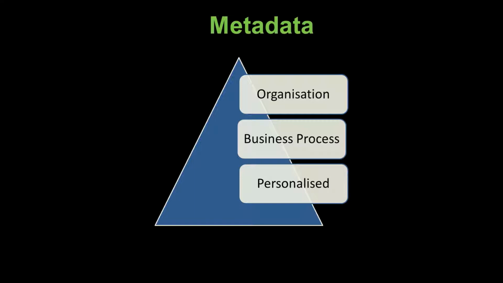So some of the organizational type metadata might be things like a classification scheme or an organizational thesaurus. System metadata would typically be around things like version number, the version ID, who created it, and the date created. Those are all systematic metadata elements.